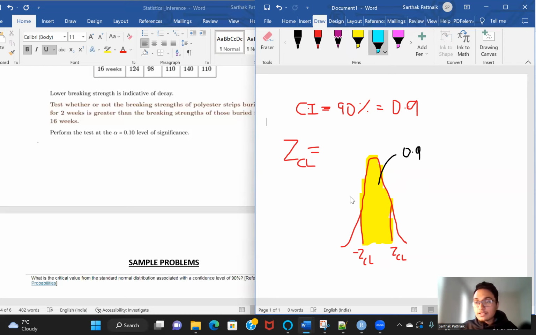And the symmetric property of standard normal distribution says that the area to the left of the critical value is equal to the area to the right of the critical value. Therefore, each of these areas, this and this, is 0.05.